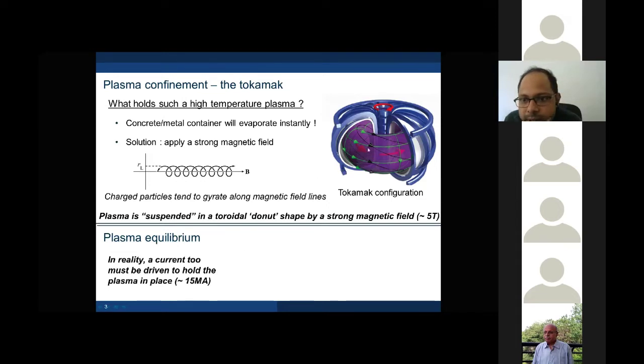So the green lines that you see is the plasma current that goes around the torus of the plasma. This plasma current produces a circular magnetic field, but what we have already applied is a toroidal magnetic field. So the net effect of both is a helical magnetic field.